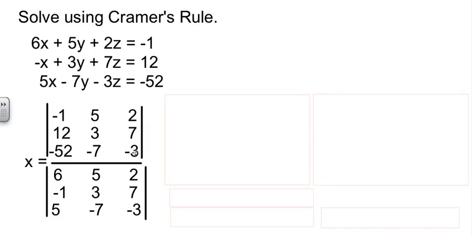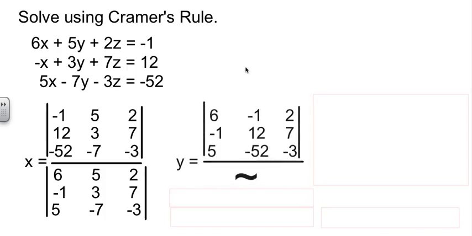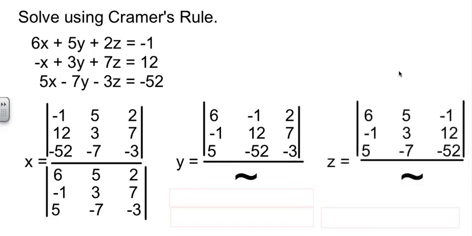Okay, the y column and the z column stayed the same. For the y value, the constant terms go in the y column and the other 2 stay the same. In the z value, we'll put the constants in the z column and the x and the y stay the same.